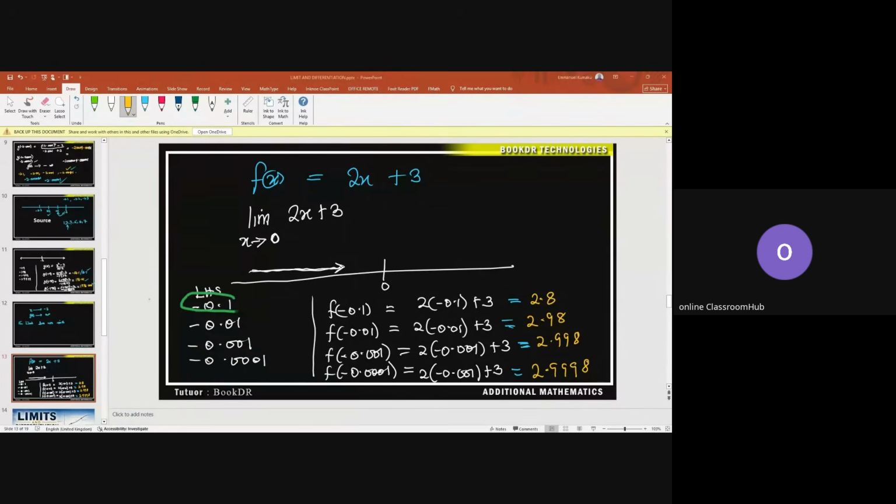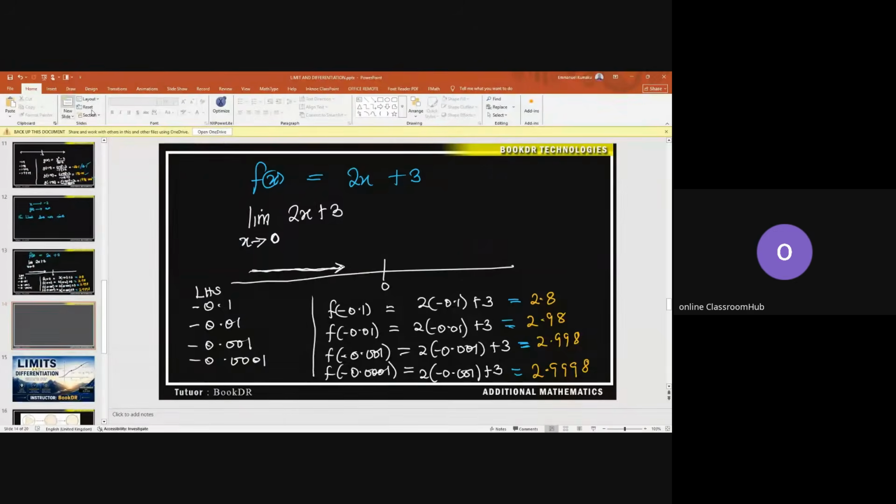If you want to plot it on the number line, is that what you mean? Yes. Good. If you want to plot it on the number line, then if we have 0 here and negative 0.1 is here, then the remaining ones will be in between here.